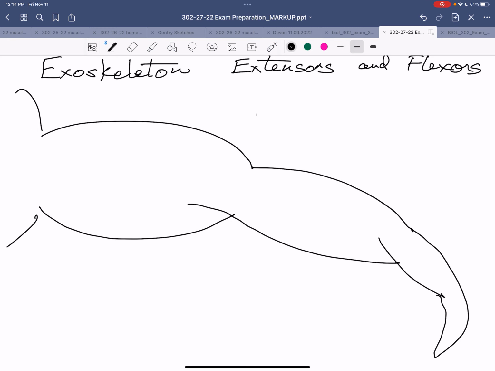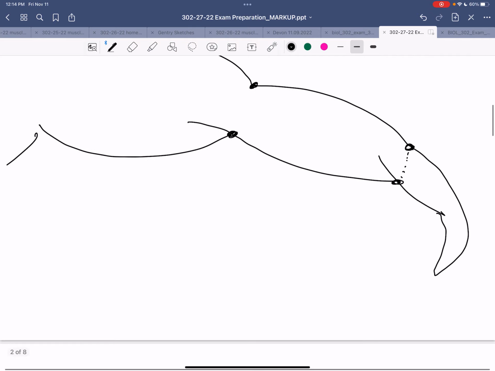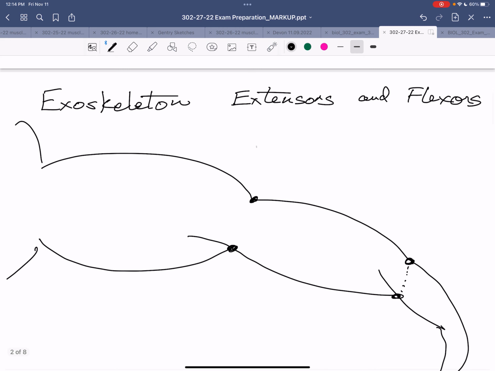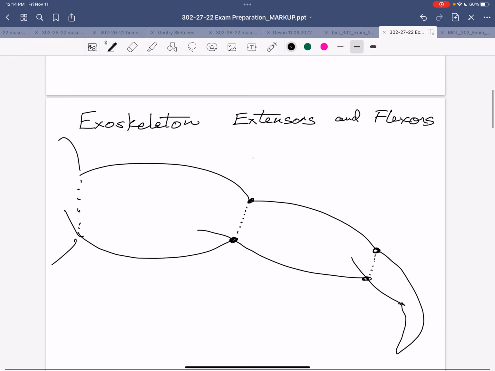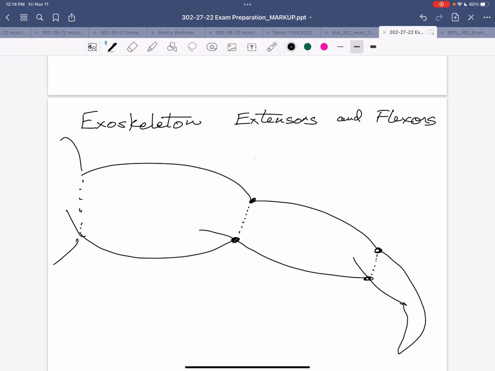The point you need to understand is where the pivot points are for a particular muscle. These would be the joints, here and here, and then which muscles would cause which things to happen.